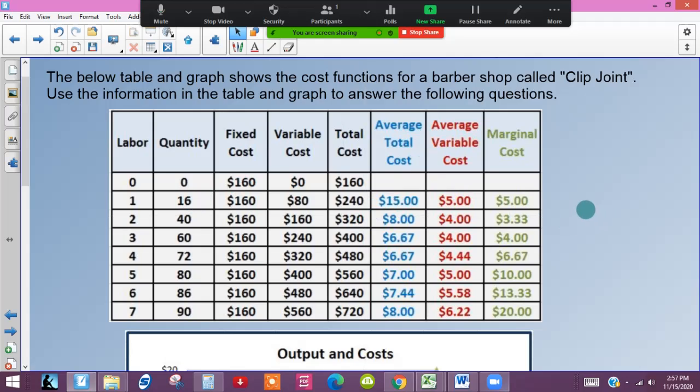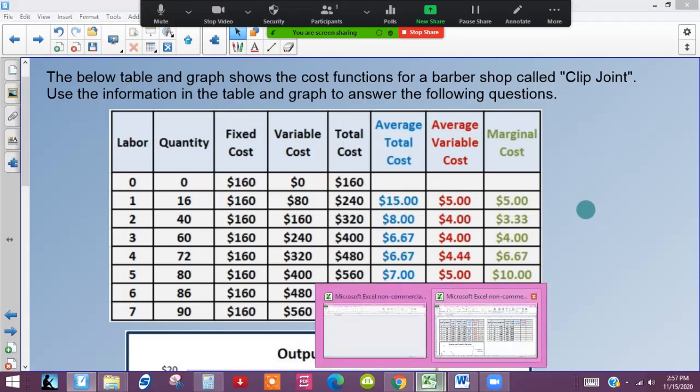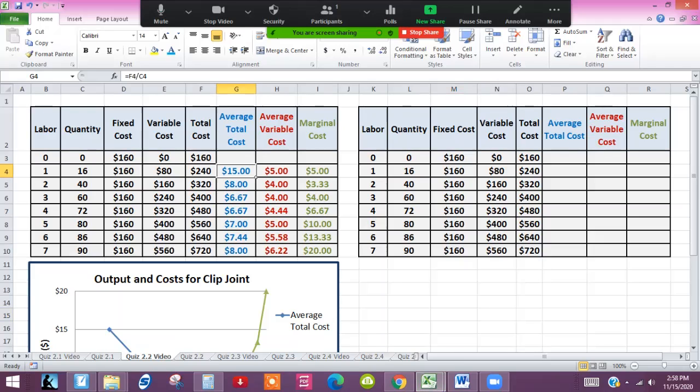So when we jump back over here to my spreadsheet, you can see that I put in a formula that divides the total cost, F4, by C4, which is the quantity. And I've done that all the way down. Now, for the average variable cost, you simply take the total variable cost here and divide by the quantity over here.